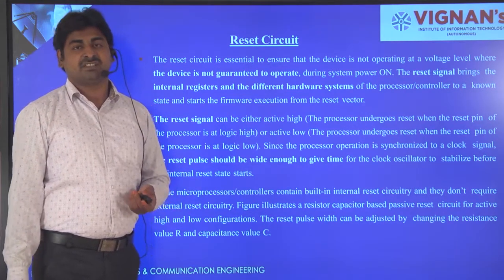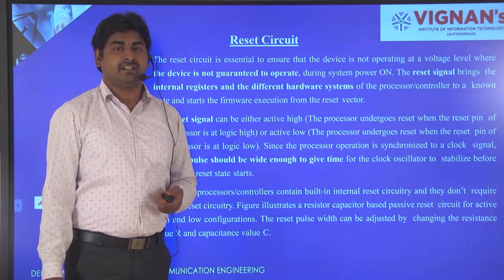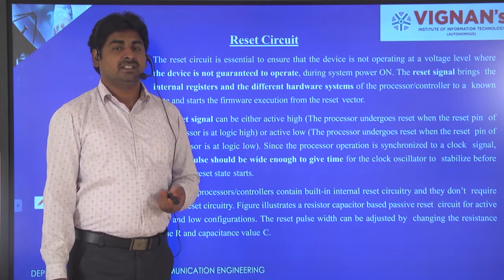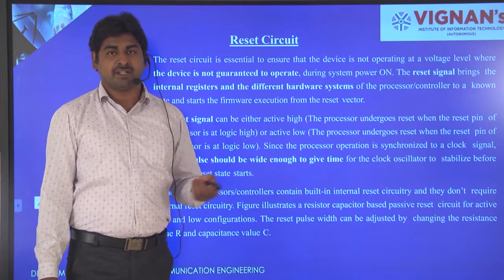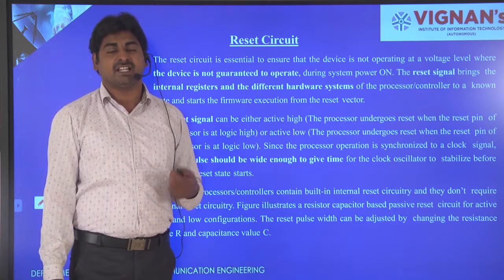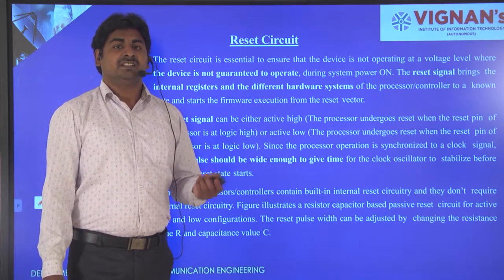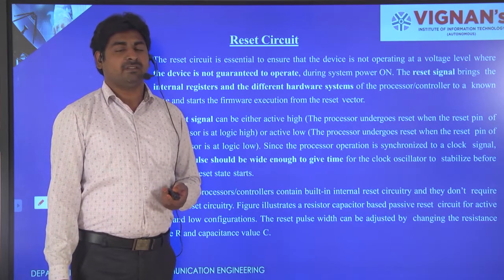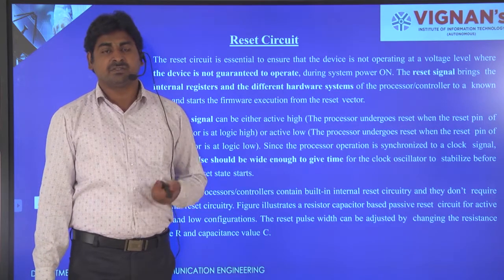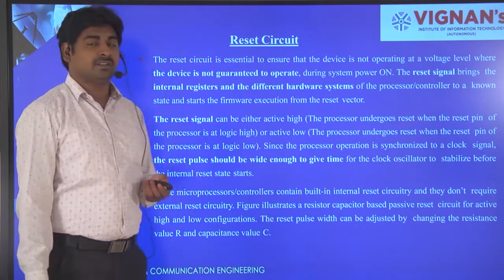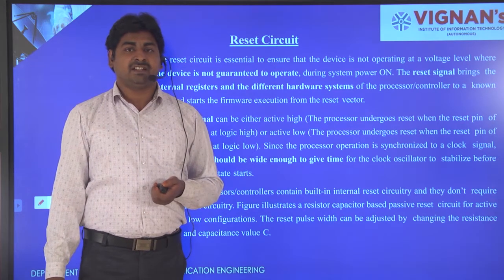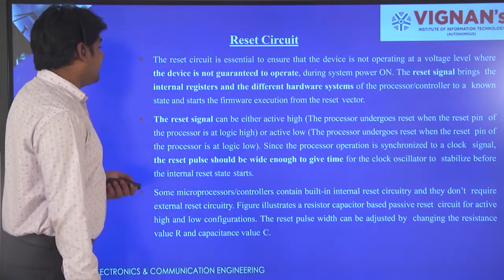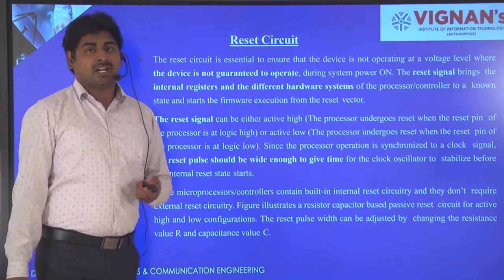Like if there is an embedded system which has to be operated at 10 volts, which means a 10-volt signal should be given to the embedded system, but instead of 10 volts, if you are giving higher voltages like 11 volts or 12 volts, then there is a higher chance that your embedded device gets damaged. So during those conditions, this reset circuit will protect the embedded system from such higher supply voltages. And so that is regarding hardware.